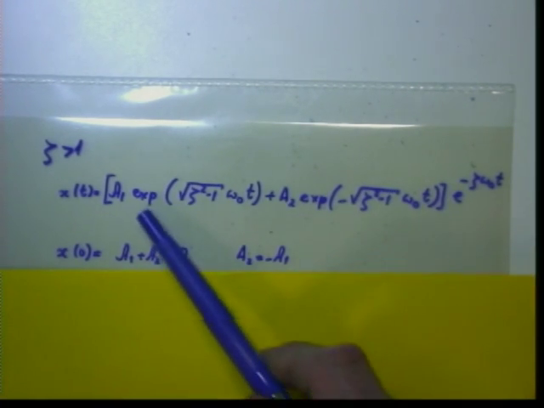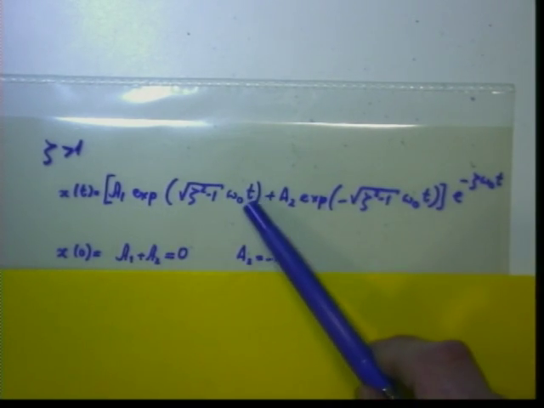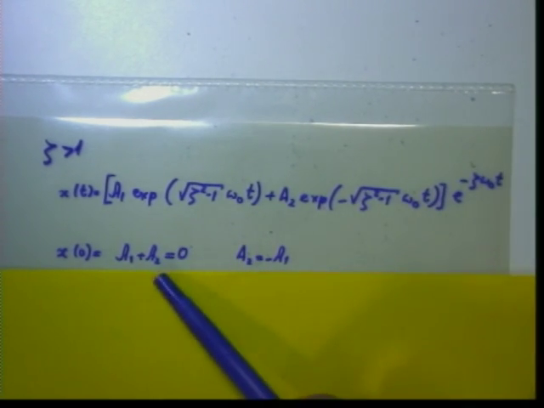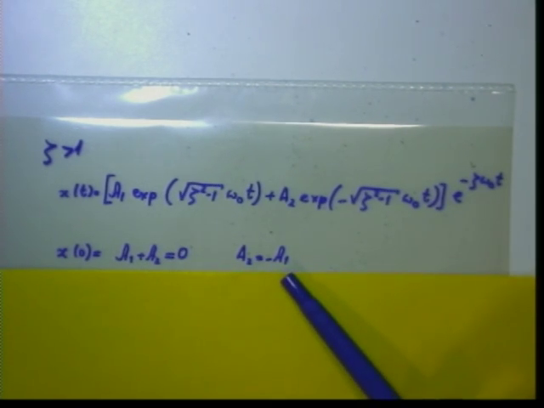Now x sub 0 equals 0, we said. So this one is 0, and this t is 0, so this exponent is 1, and this exponent is 1, so a1 plus a2 equals 0. So a2 equals minus a1. From one condition, we reduce the number of coefficients.